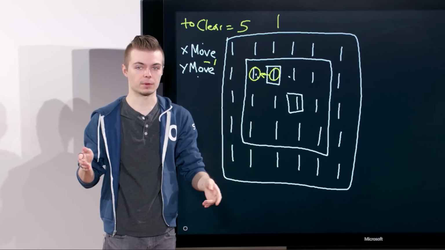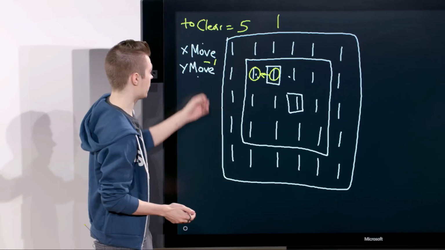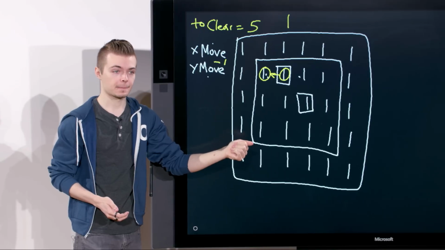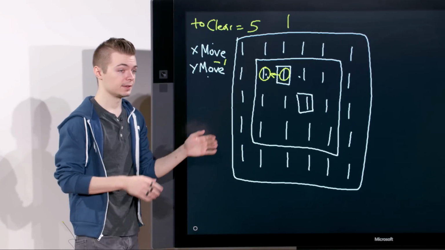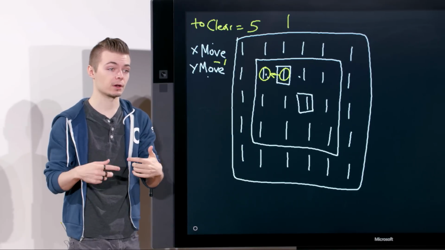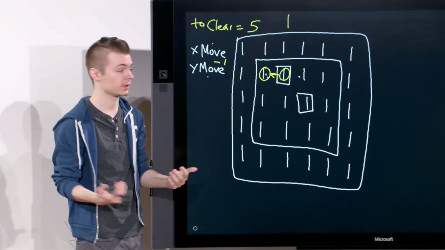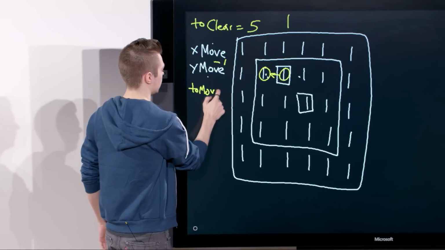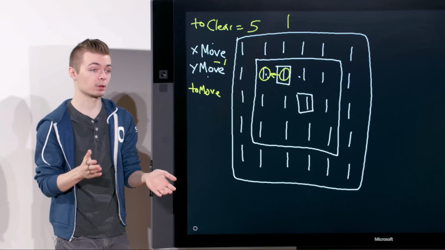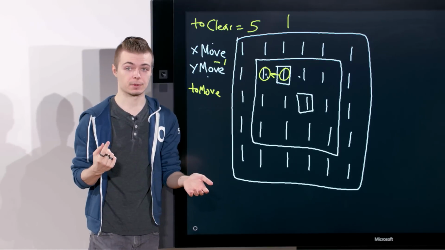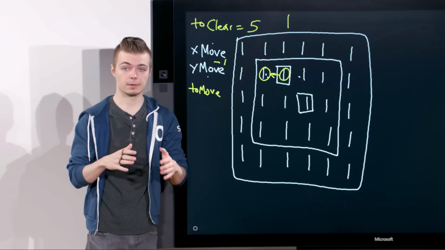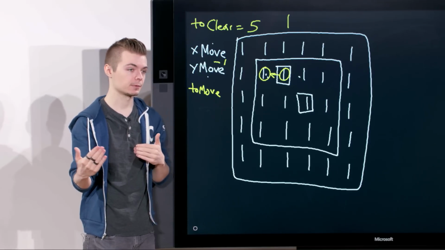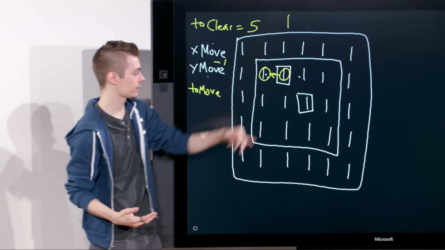So what we actually want to do is, when we flip a coin and say X move or Y move, we also want to create a new variable called number of times to move. And then we just set that to a random number between 1, so we're going to move 1 tile, or the size of the maze minus 2, taking into consideration both walls, right?